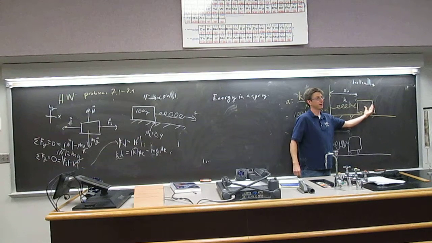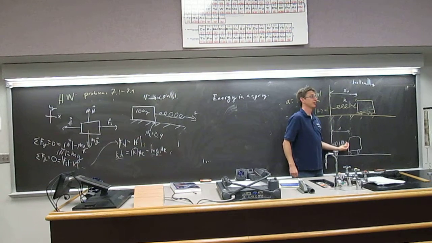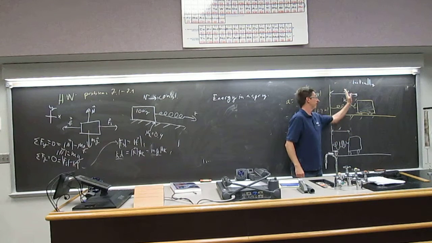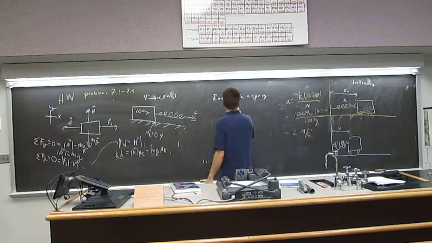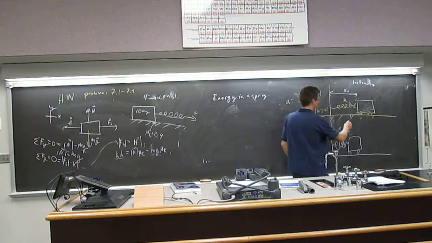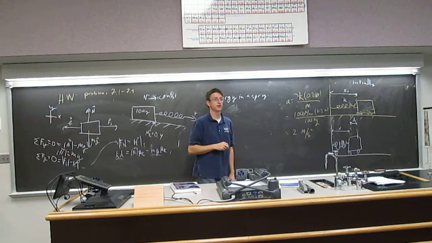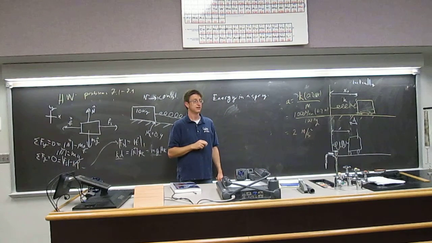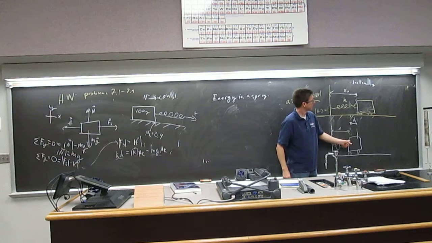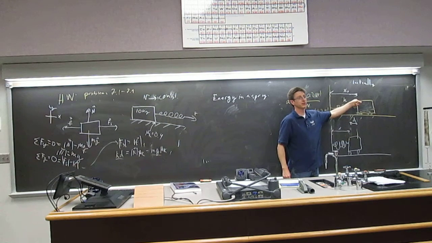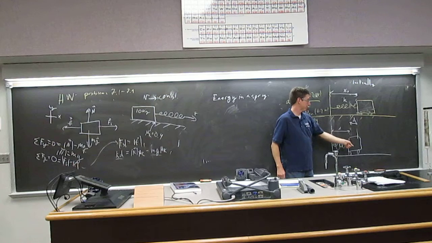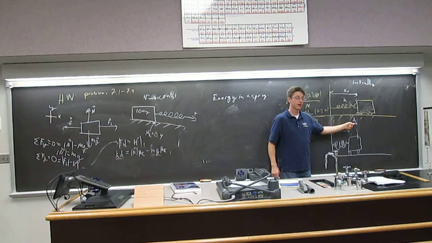So I don't have to exert anything when I first start pushing this very, very slowly. Over here I have to exert a force k times x minus x naught, or k times this distance, which I'm going to call d. I have to exert a force kd at this point.